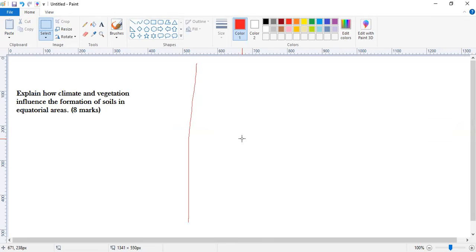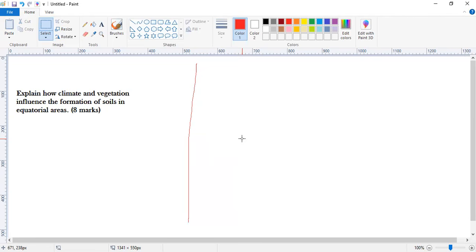It's 8 marks. It would be good for us when we're answering our question, if we could actually name the soil. Don't just talk about soil in general. You want to show your examiner that you know the type of soil, and in fact the type of vegetation that is associated with equatorial regions.